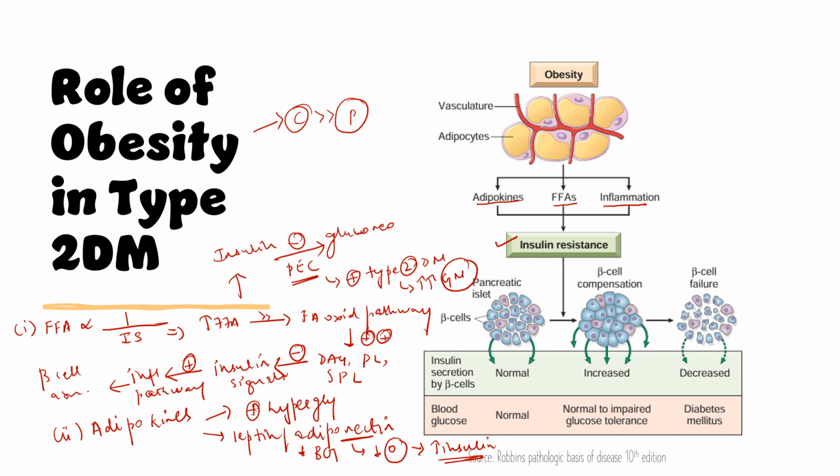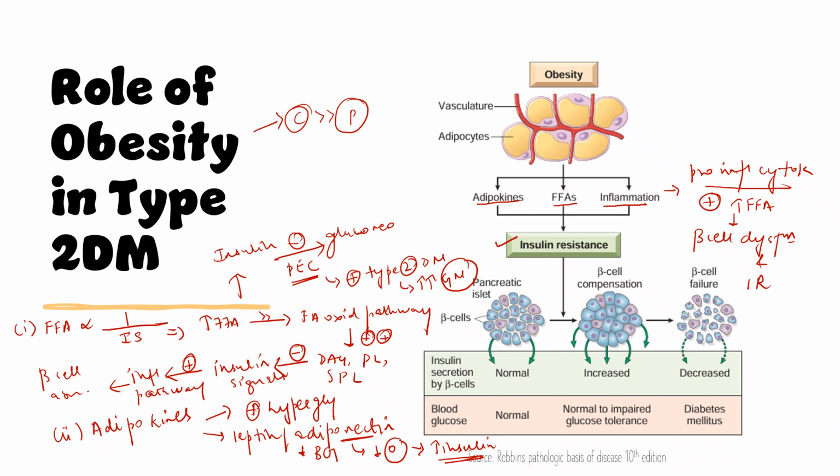The third factor is inflammation. What happens in inflammation is pro-inflammatory cytokines are released. Now these pro-inflammatory cytokines are secreted due to obesity. This pro-inflammatory cytokine plus your increased free fatty acid contribute to beta cell dysfunction and insulin resistance.